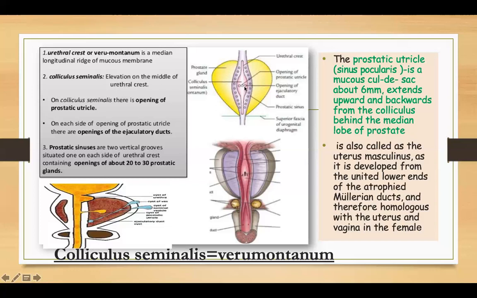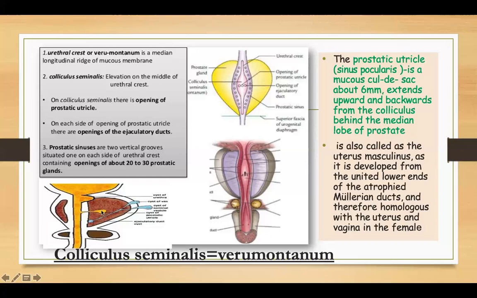What is prostatic utricle? The prostatic utricle is a mucus cul-de-sac about 6 mm extending upward and backward from the colliculus behind the median lobe of the prostate. This is the median lobe of the prostate. This is anterior lobe, this is posterior lobe, and this is median lobe of the prostate.